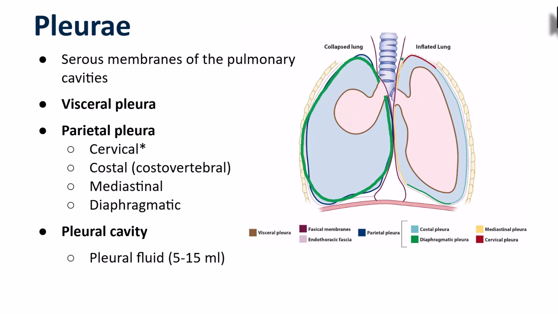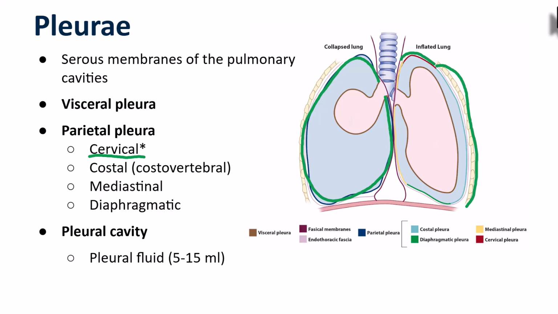So when we talk about the cupula, that portion of the lung or the pulmonary cavity that extends up towards the root of the neck, we refer to that lining as the cervical pleura. Some people treat this as its own unique layer or region of the pleura. Some say that it's an overlap between adjacent layers, and those adjacent layers would be the costal pleura, which line the rib cage.